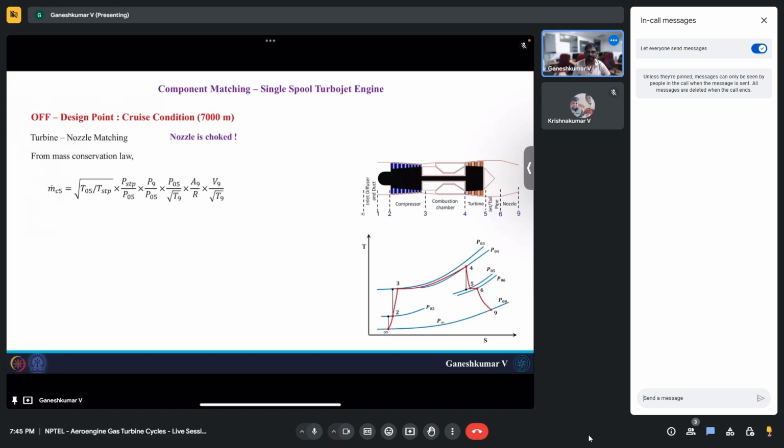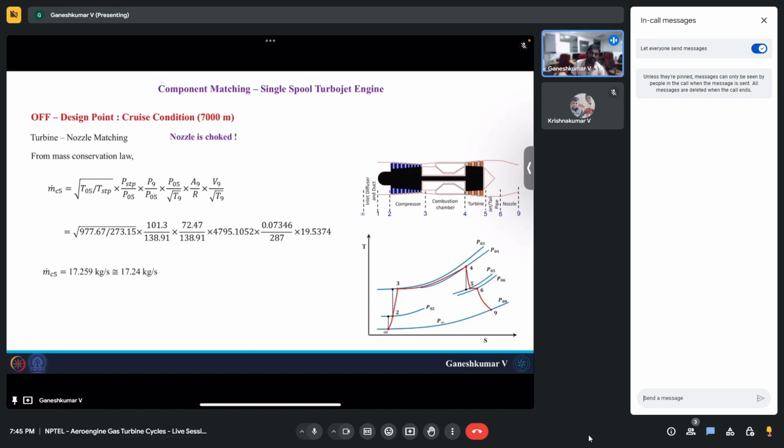So m dot C5, this is also equal to m dot C9, because it's a nozzle, right? So m dot C5 calculated based on nozzle characteristics, calculated based on P05 pressure at the exit of the turbine, would be coming something like 17.259 kilograms per second.